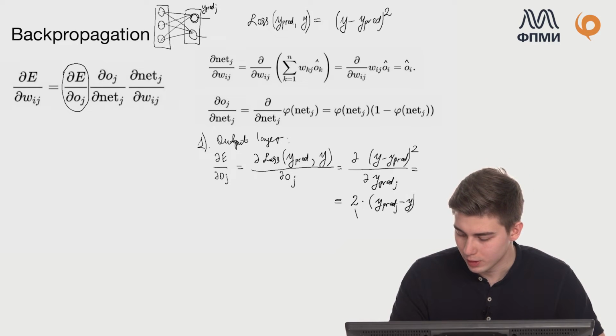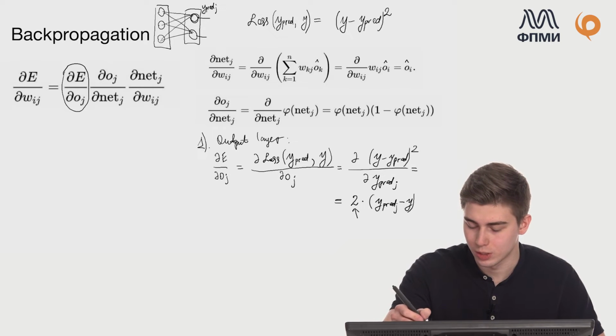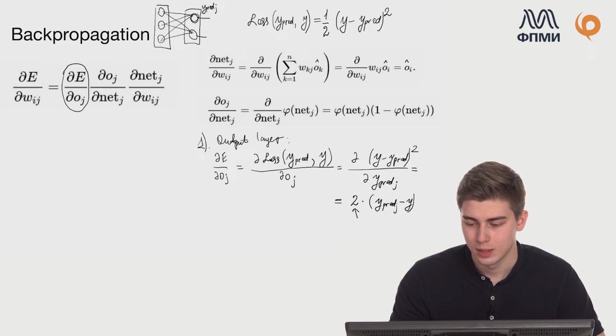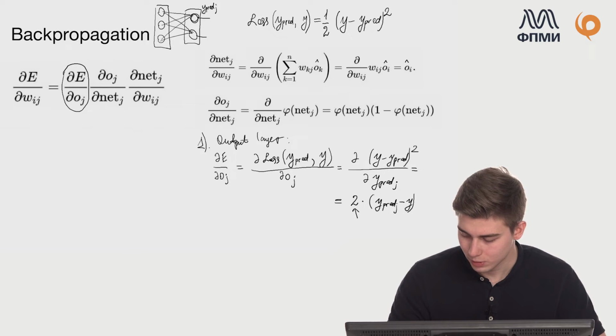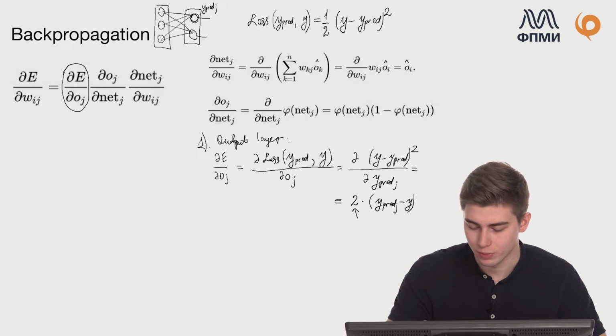This multiplier is usually omitted because we can just multiply our loss by 1/2, and this wouldn't lead to any problems during the optimization of our network. So we want to minimize our loss, and there is no difference between minimizing our loss or half of our loss. So we have this expression in case of the output layer.